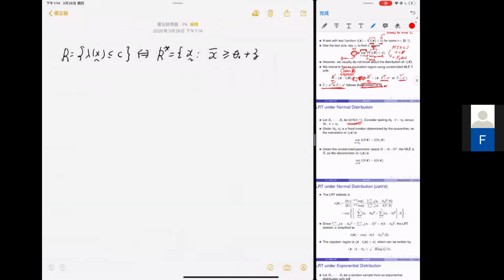This guy is 1 over √n, or right here, X bar smaller than θ0 minus Z_{α/2} times 1 over √n. So it means the right-hand side of this is an LRT.